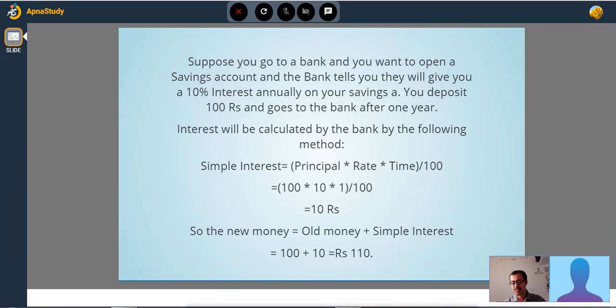So we'll just insert it into the formula, principal into rate into time by 100. The principal is 68,000, the rate is 50 by 3%, and the time is converted from 9 months to years, that is 3 by 4 years, which is equal to 68,000 into 3 by 4 into 1 by 100, which is equal to rupees 8,500.